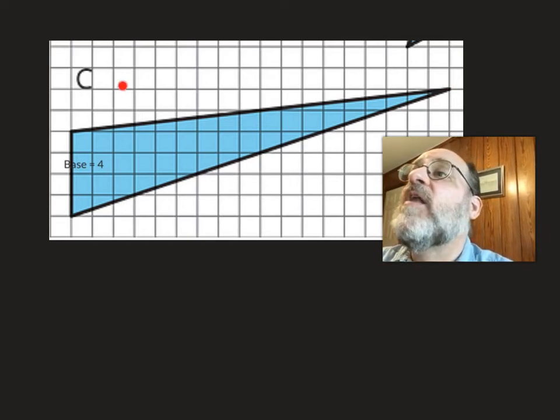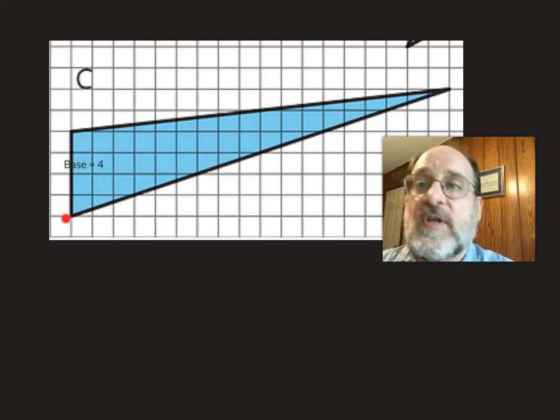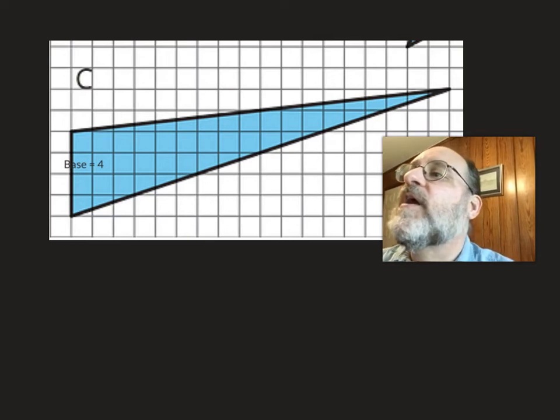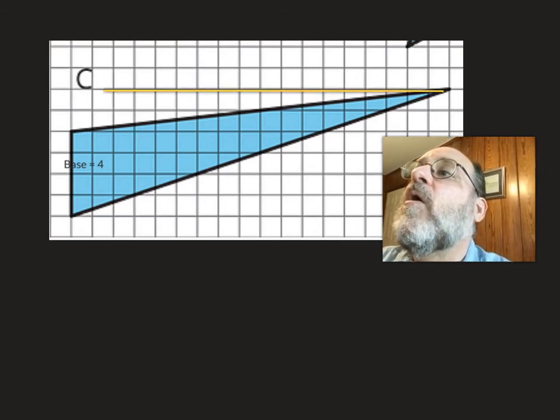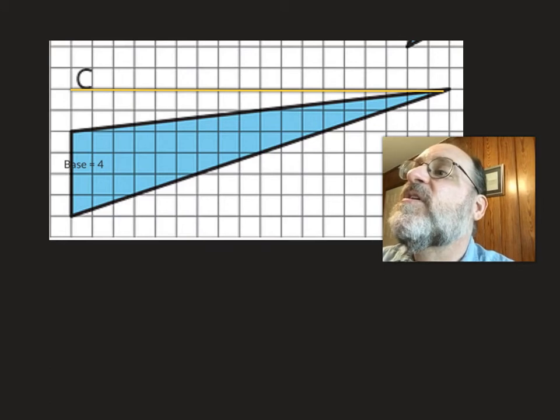I need to draw a line that's going to be perpendicular to the base or a line extending the base. So it's going to be way over here. Okay, let's draw my line. It's going to start here, go all the way over to there, and then it's going to go down like that.